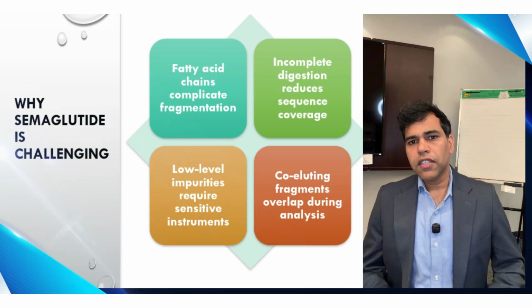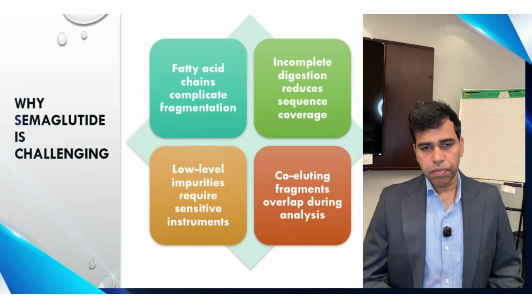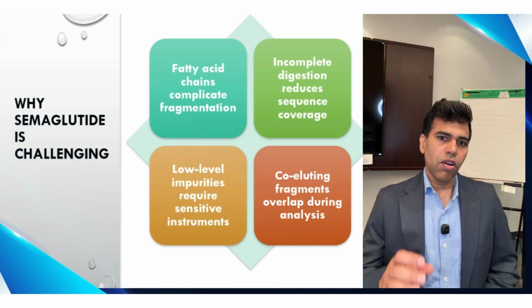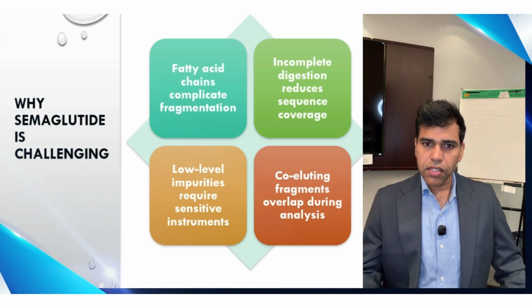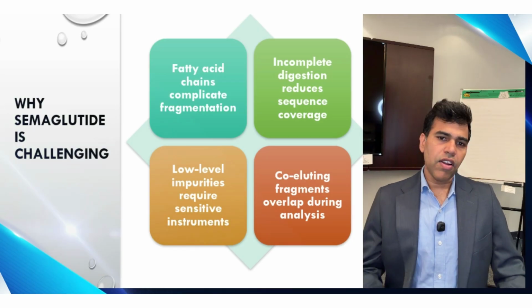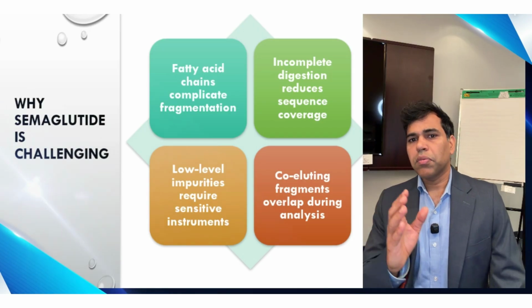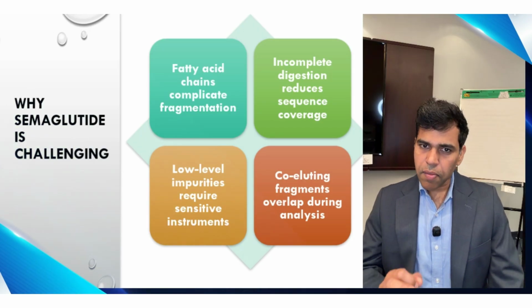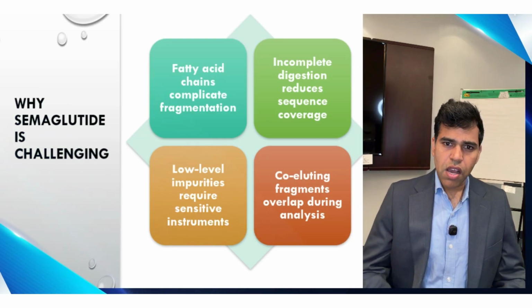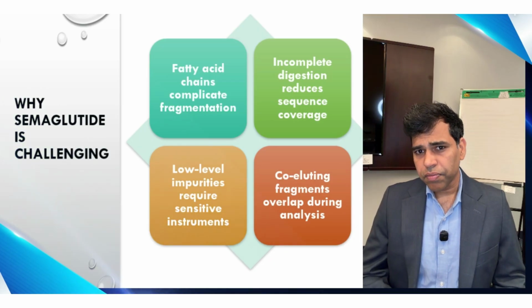Semaglutide is analytically demanding for 3 interlocking reasons. First, its acyl chain modification changes chromatographic behavior in ways that affect both separation efficiency and ionization response. Second, the Aib residue at position number 2 is a non-standard amino acid, and many sequence database tools aren't built to handle it without custom configuration.